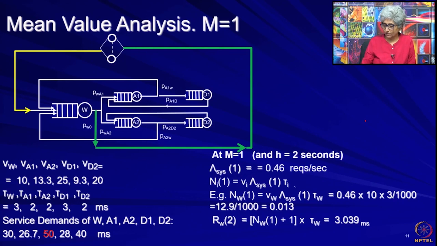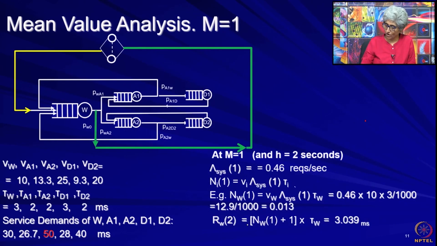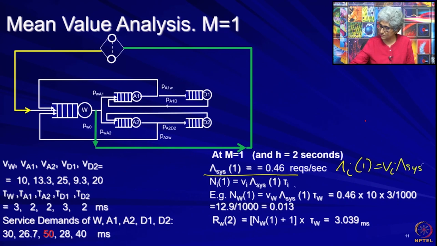Now we move on. The result of the previous step was that we get system throughput at m equal to 1 as 0.46 requests per second. Remember, once you have the system throughput, you can also get the node throughput. So lambda_i(1) is going to be Vi times lambda sys at 1.